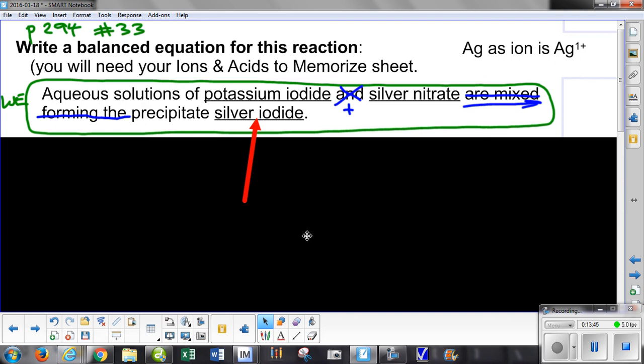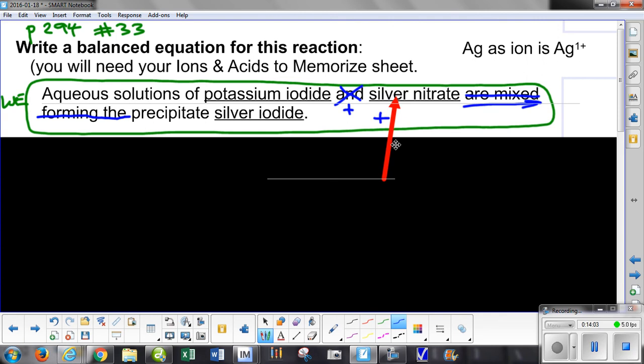Besides the silver iodide, what's the other thing that we're going to have over here? We got potassium iodide and silver nitrate. The silver comes from this one, and the iodide comes from this one.